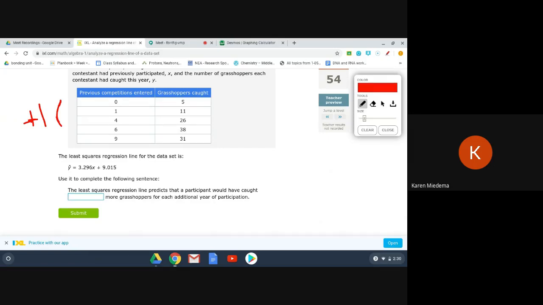Well, that's what our rate represents. 3.296 is how many more grasshoppers somebody would be expected to catch for every previous year of experience. So this here is 3.296.